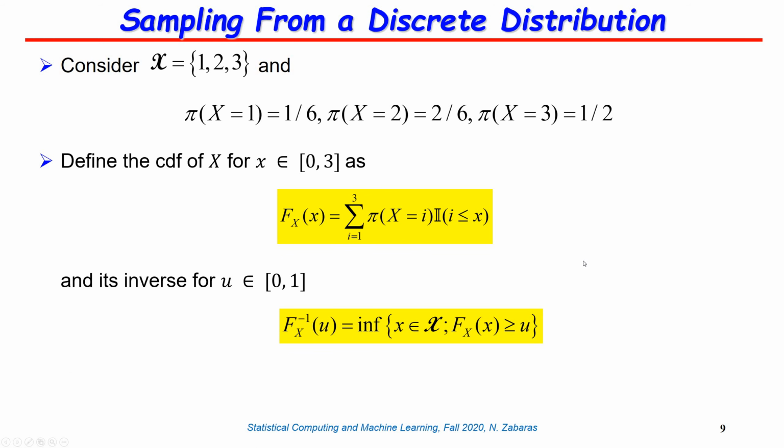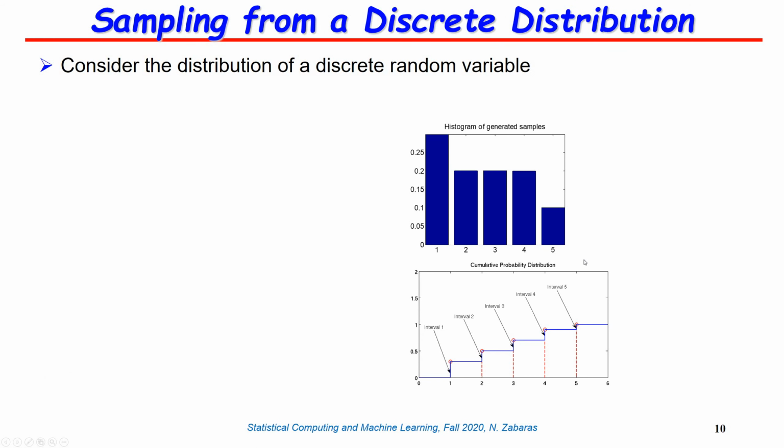And maybe I can move to the next slide just to show you how the CDF looks for another discrete random variable with 5 states. So my random variable takes values 1, 2, 3, 4, 5. And you notice the CDF starts at 0, and then it jumps by the probability P1, that's the probability of x equal to 1.